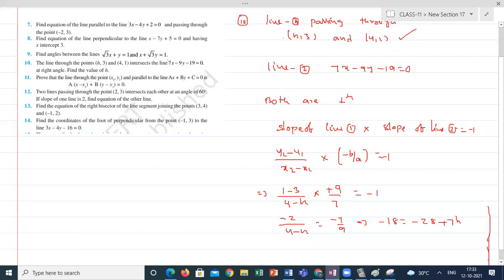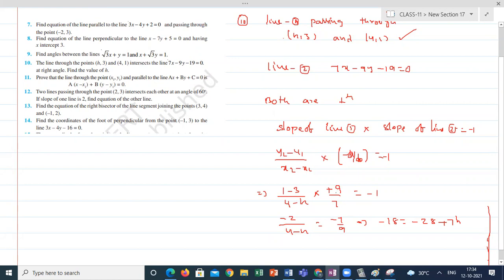What is the answer? I'm getting 7 by 3. But I'm getting 7 by 10 now. Check where I made the mistake, or you. Slope is minus a by b, not b by a. Am I right? Yes, sir. Minus a by b.